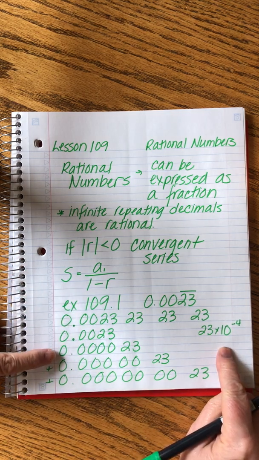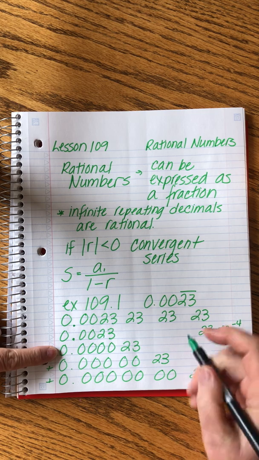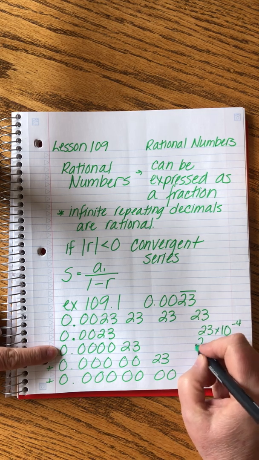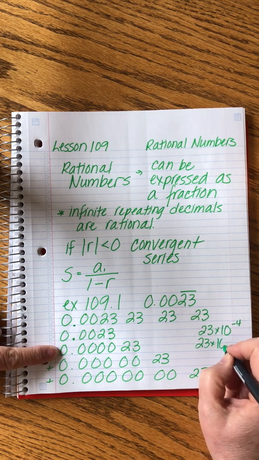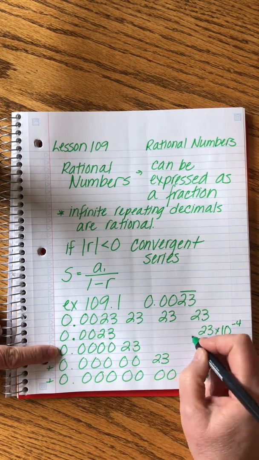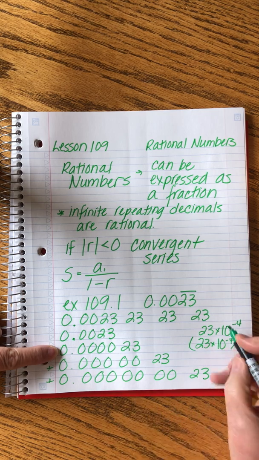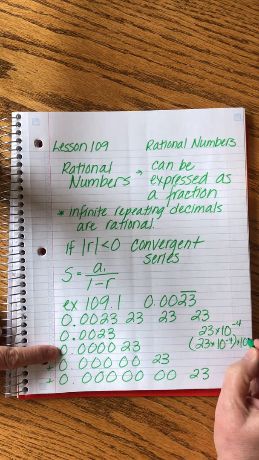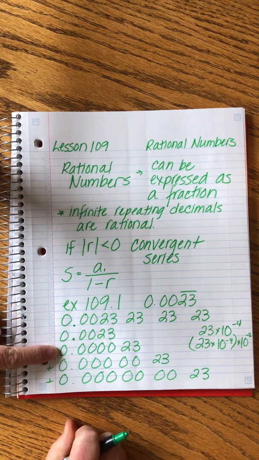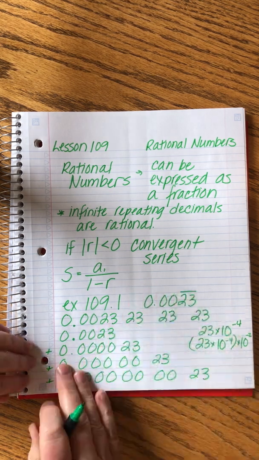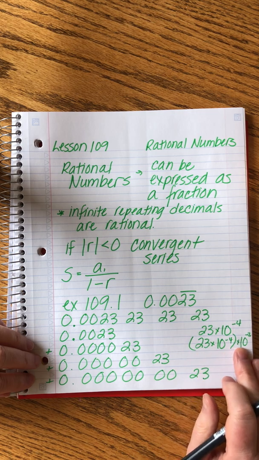Now, when I go to the next level, it's 23 times 10 to the minus 4th, my original number, and then I've moved the decimal place. I've put 2 more zeros in here, so that's the same as multiplying that times 10 to the minus 2, isn't it? See what's happening? We're rethinking this repeating decimal as a convergent geometric sequence.